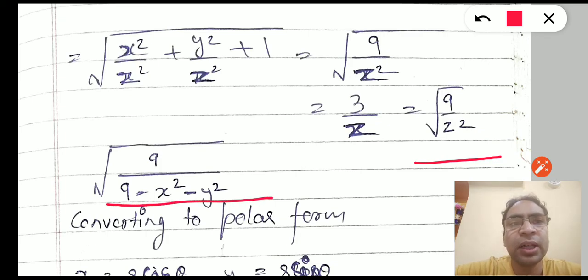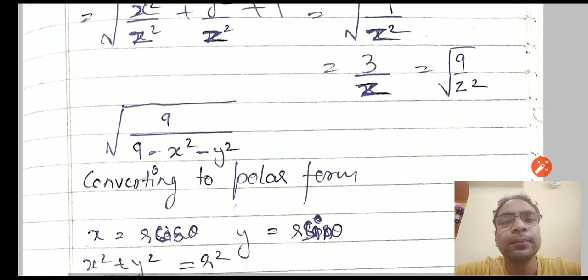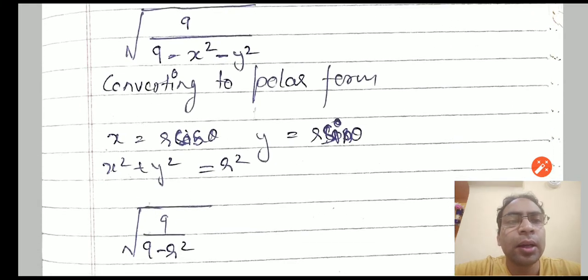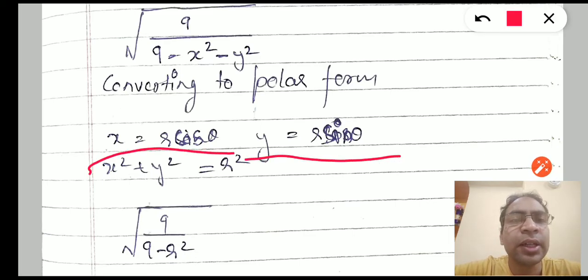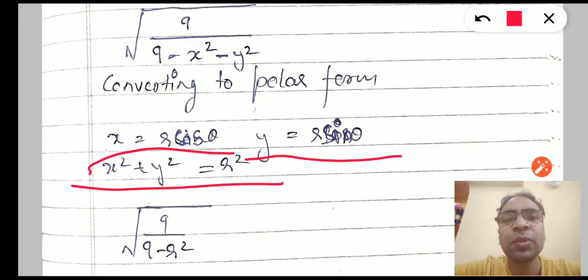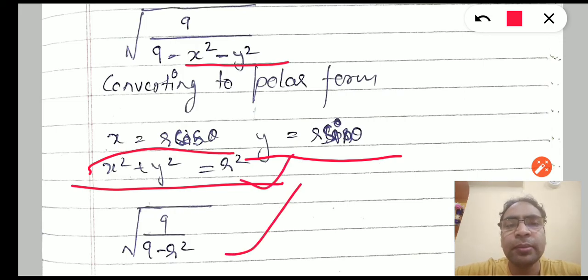We will convert it to the polar form. x is r cos theta, y is r sin theta, and x square plus y square is equal to r square. So the equation becomes under root 9 upon 9 minus r square.